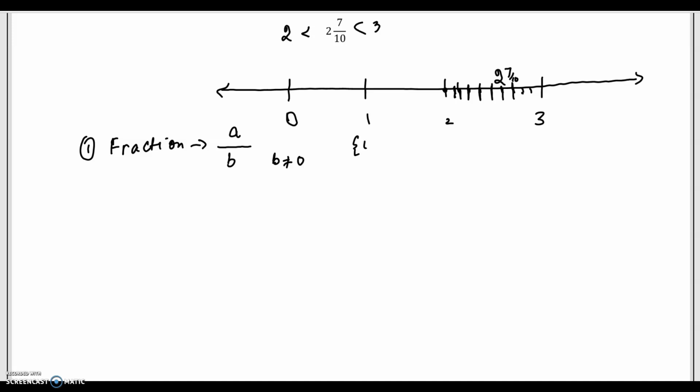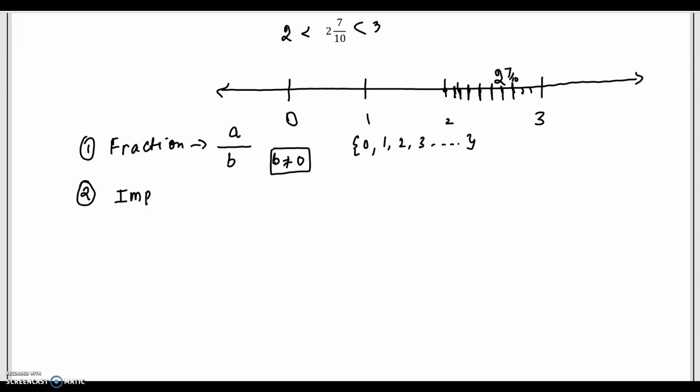Whole numbers are numbers starting from 0, 1, 2, and so on. So the numerator and denominator can be any of these numbers, except for one thing: the denominator cannot be a 0.